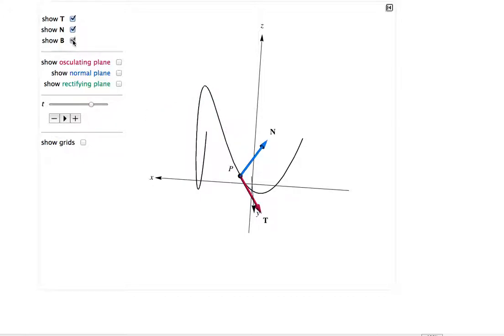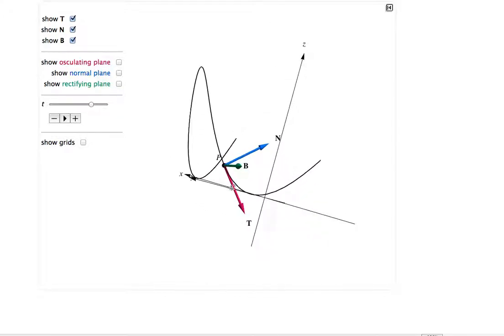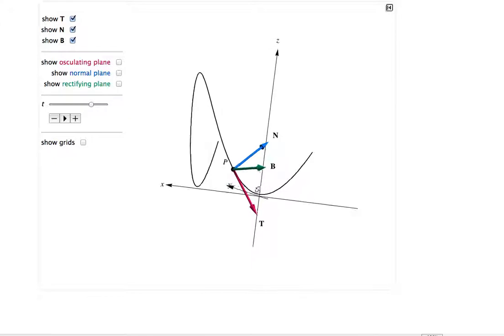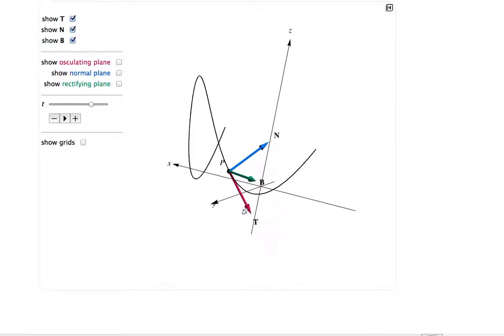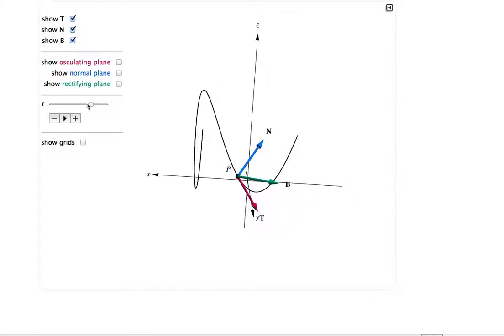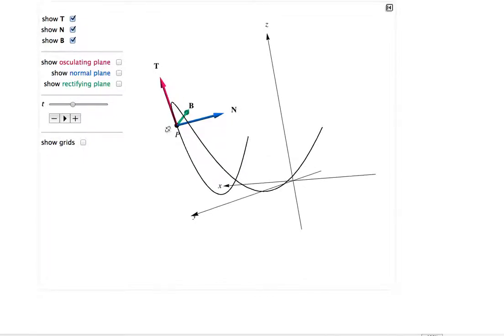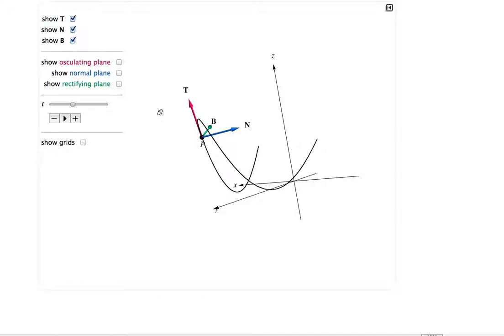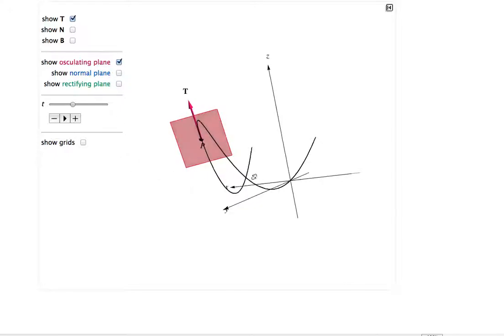Now let's look at the binormal component. What this does is add a third orthogonal component, a vector b, that is orthogonal to both the unit tangent and the unit normal vectors. So now we have completely specified the three-dimensional orthogonal system with these three vectors, the TNB frame. Let me turn off the normal and the binormal, and the tangent itself defines a plane called the osculating plane.